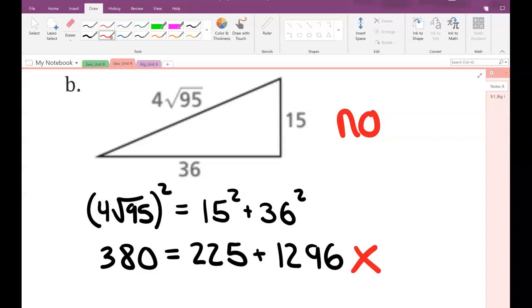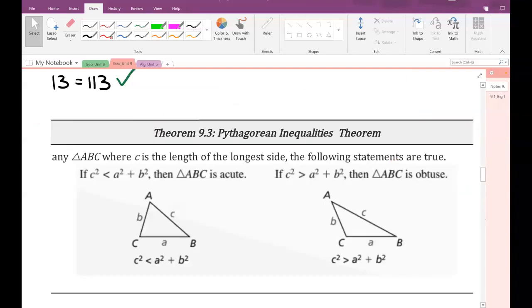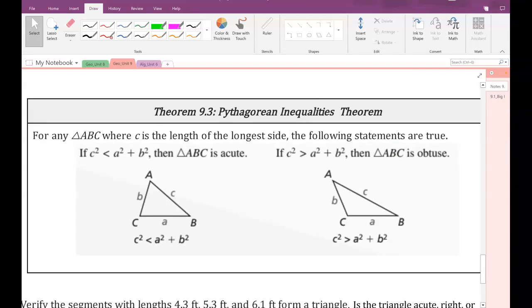All right, last piece we'll talk about is the Pythagorean inequalities theorem. So this isn't specifically for right triangles, this is for any triangle. So it says, for any triangle ABC, where C is the length of the longest side, the following statements are true. If C squared is less than A squared plus B squared, then your triangle is acute.